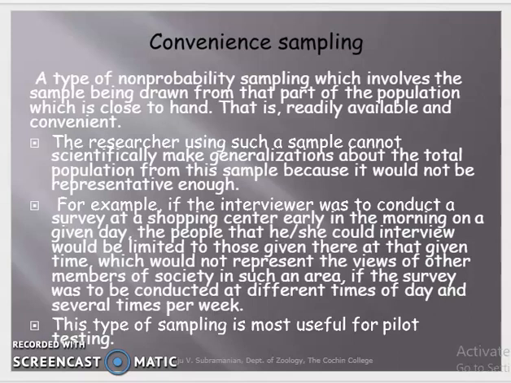Because of the ready availability of the sample, the researcher using such a sample cannot scientifically make generalizations about the total population, isn't it? And from this sample, because it would not be representative enough, and if you are taking the sample of water from the shore area, that may contain more impurities because it is in constant association with the land area.